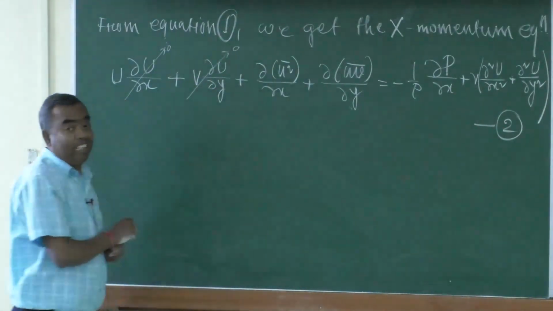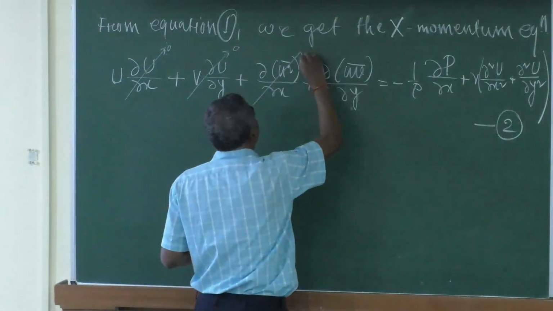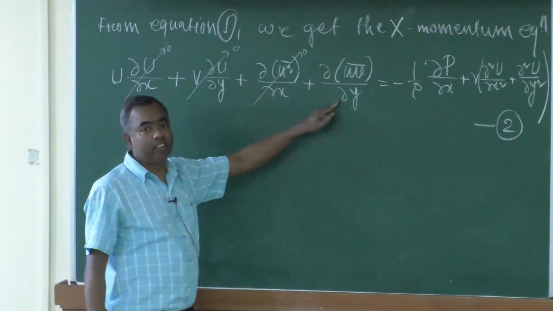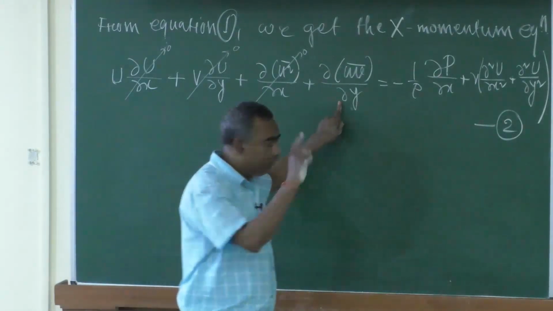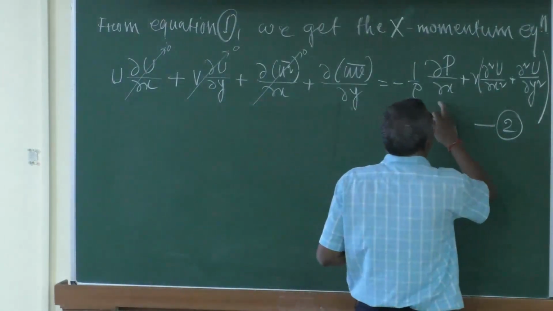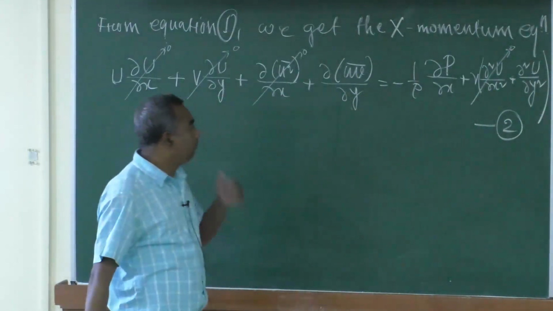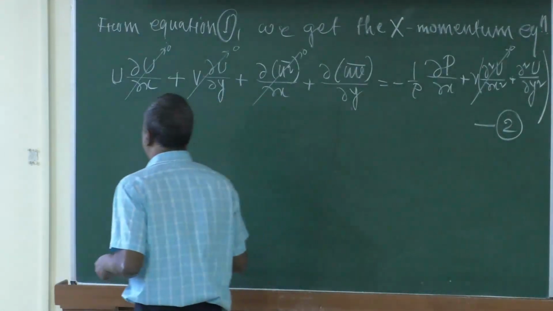Statistics do not depend on the x direction, so this should be 0, this should not be 0. We expect that the Reynolds stress should vary across the height of the channel, and this first part is equal to 0. So, we will be left with 3 terms from equation 2.